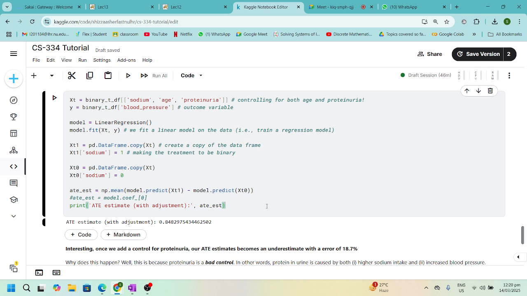Probably, actually, the sodium intake affects the amount of protein in urea. And similarly, the blood pressure also impacts the amount of protein in urea. It means that in a causal directed acyclic graph, this is essentially a fork.